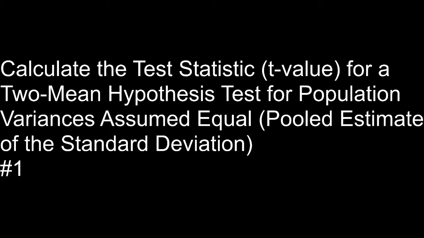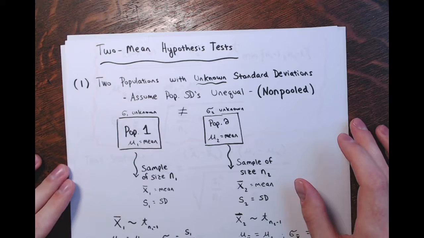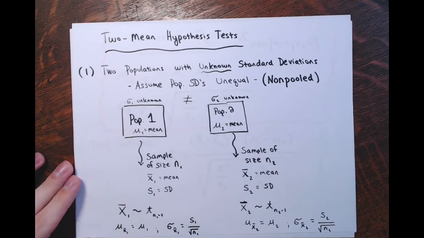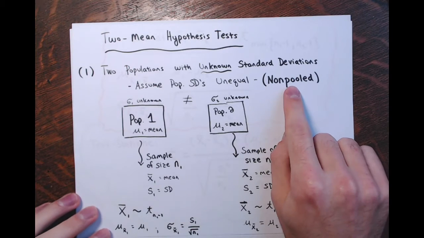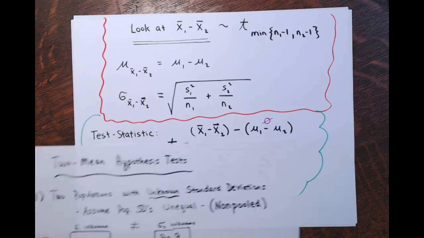Alright, so before I actually get to the question from your homework, I want to show you, remember, there was another objective where we calculated a test statistic, but in that particular case the population standard deviations were assumed to be unequal, right? You have what's called a non-pooled estimate of the standard deviation for the distribution of sample differences, difference in sample means.